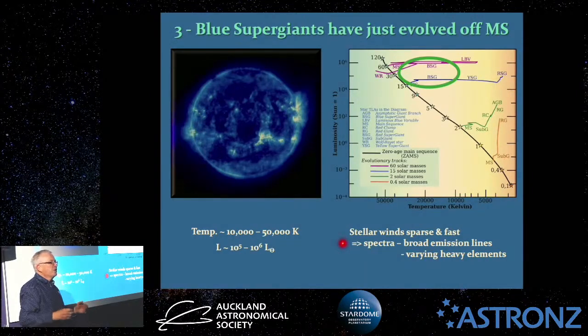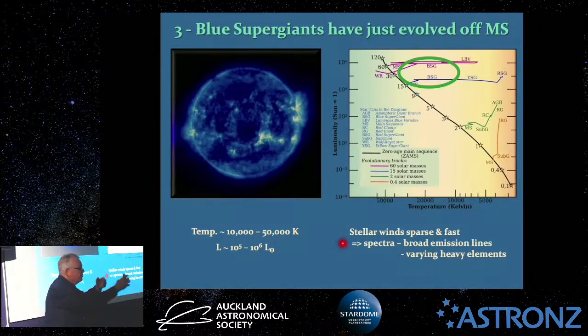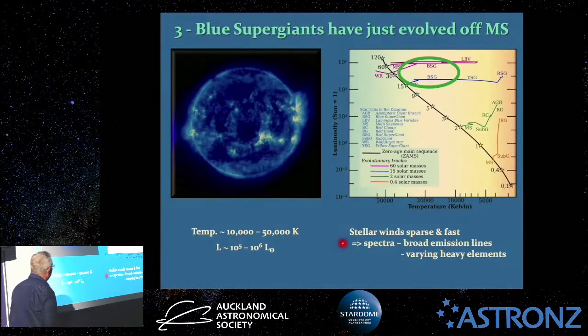And that tells you there's a lot of motion going on, because when something is coming towards you fast, the line gets moved, or blue shifted. It goes in one direction. And if material is going away from you, perhaps as the star's rotating, but you've got high winds, it's going to be going the opposite direction. So the emission lines splay out, what they call broad emission lines. And that tells you there are some very fast winds going on there.